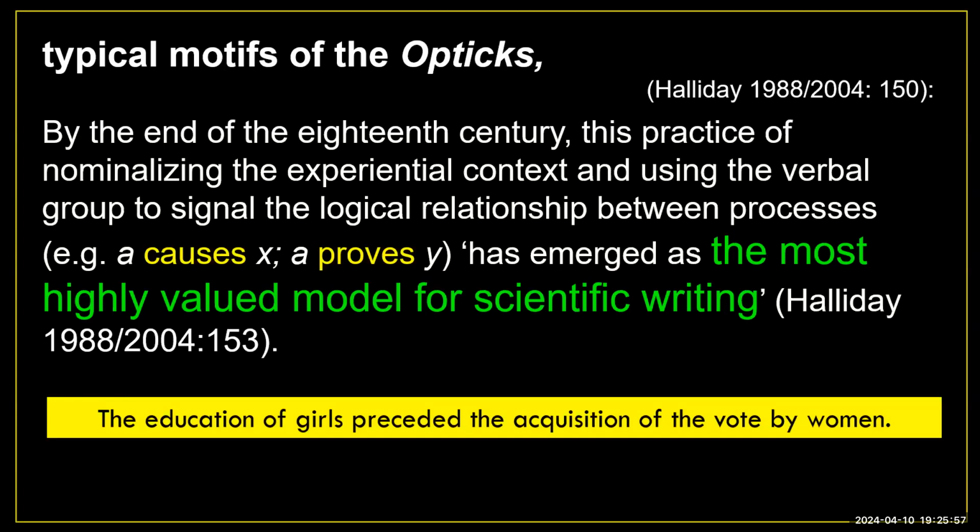If it were what you would be looking at here, you'll remember we talked about this. What is this most highly valued model of scientific writing? A causes X, or A proves Y, where A and X and Y are all highly complex noun groups.